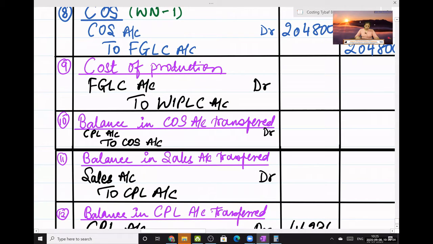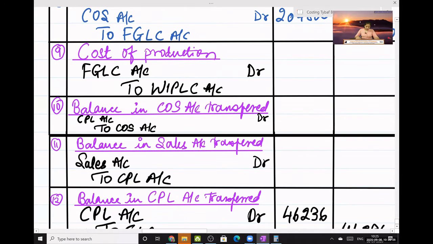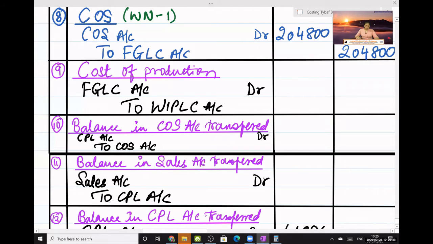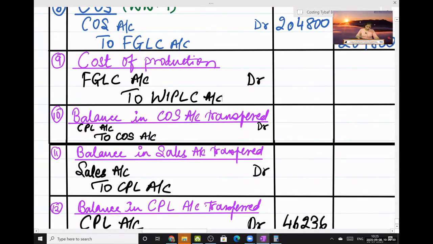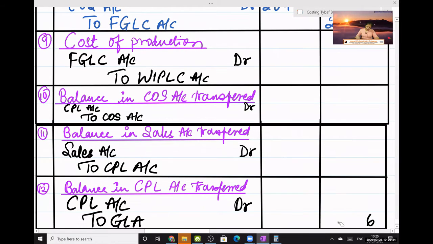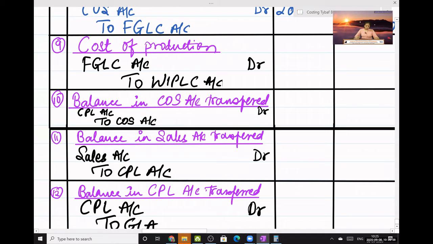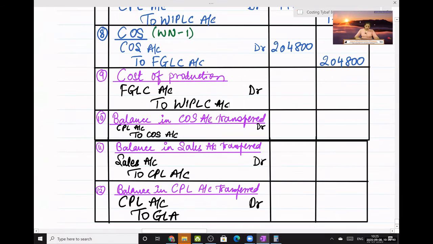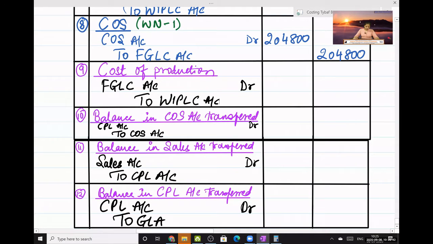Balance in sales account transferred. 11. Sales account transferred. And then CPA. These entries, 9, 10, 11, 12. Make a note of it. Balances we'll get from the ledger.